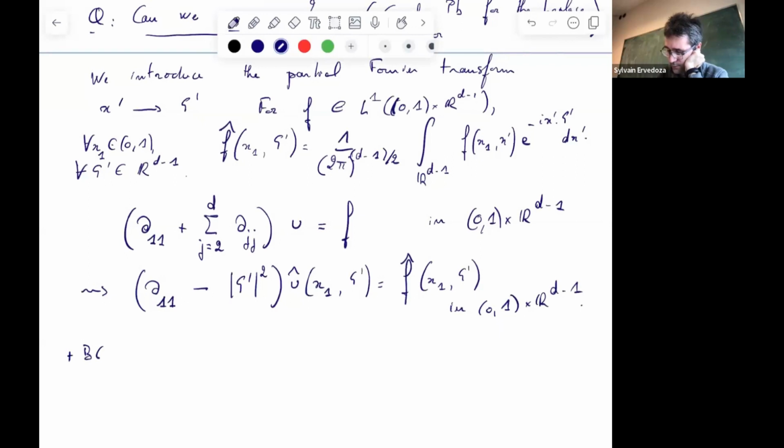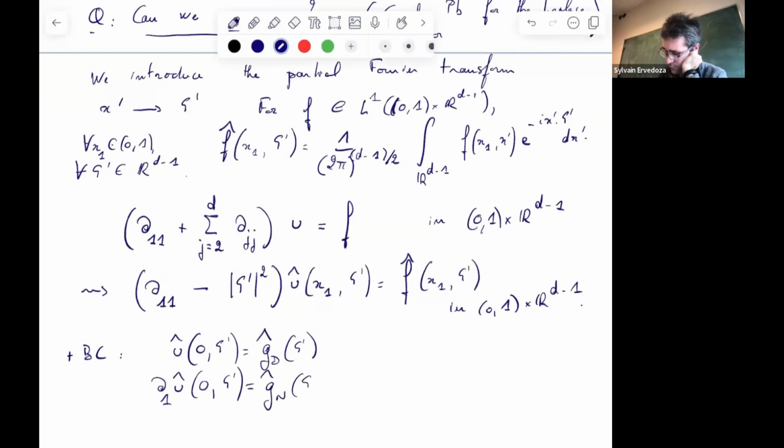And the boundary conditions will simply be u hat(0, psi') equal to g_D hat(psi') and d_1 u hat(0, psi') equal to g_N hat(psi'). Okay, so these equations are the system once you perform the Fourier transform in the x' variable.